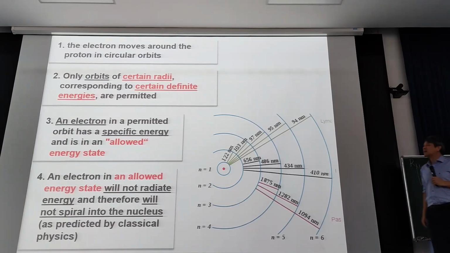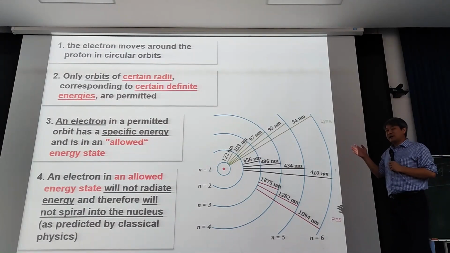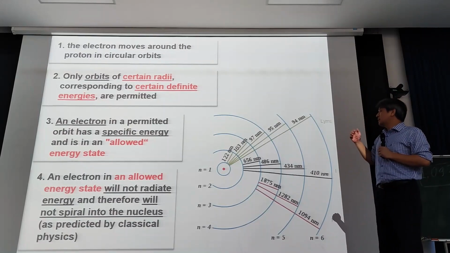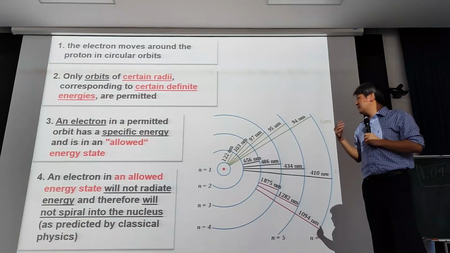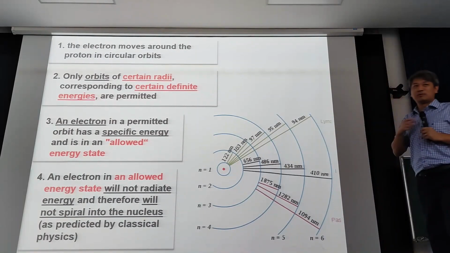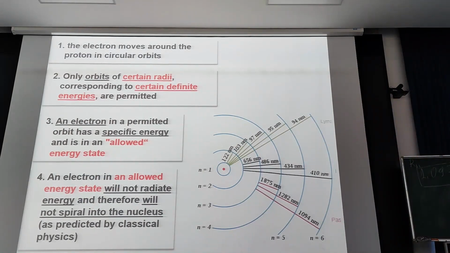Number 4 assumption. An electron in an allowed energy state will not radiate energy and therefore will not spiral into the nucleus. Wow, he said exactly to solve the problem that the classical physics requires.